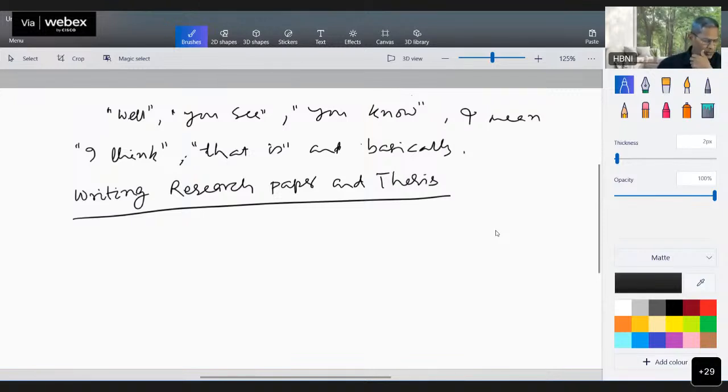So, the outline of the report also you have to consider. When you are writing a report, certain things you should keep in mind. You should work on the outline of the report first. An outline of the report has to be prepared.